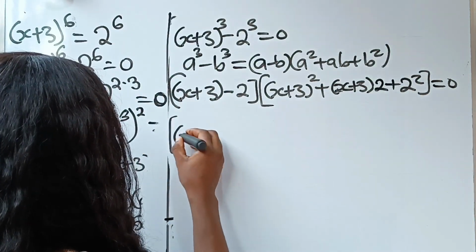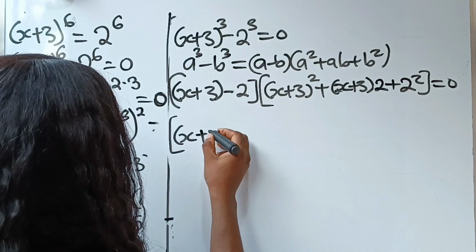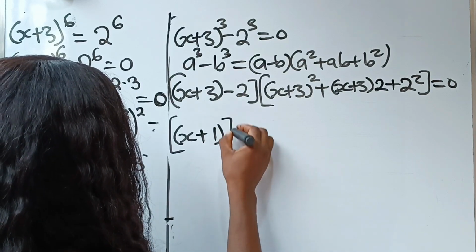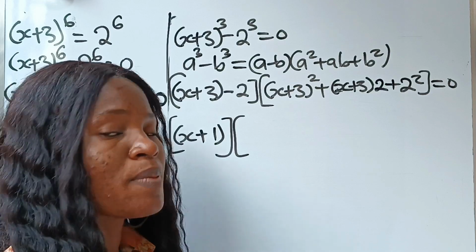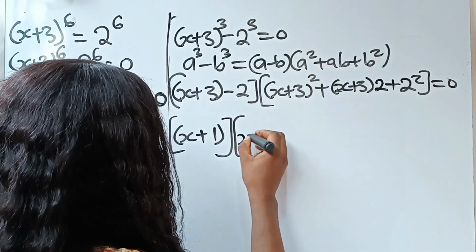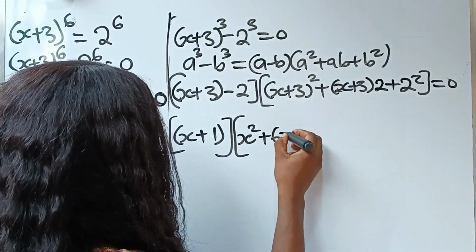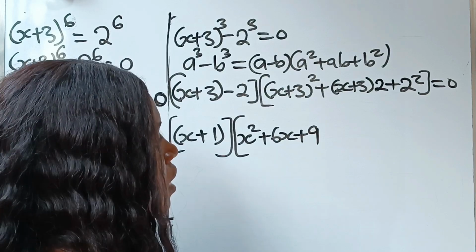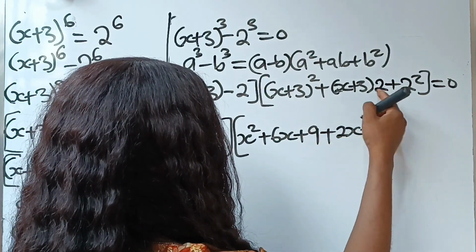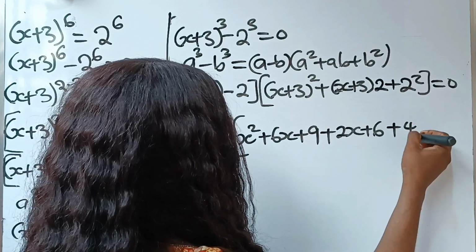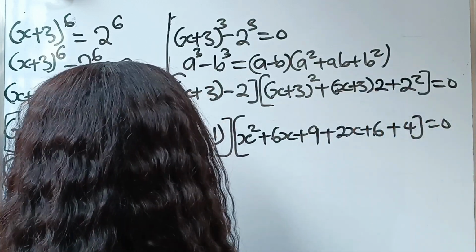So we have x plus 3 minus 2 is x plus 1. Okay, so this closes, open bracket. We have already expanded this before, so we go ahead and expand it: x squared plus 6x plus 9, then plus 2 times this is 2x, 2 times 3 is 6, plus 4 is equal to 0.